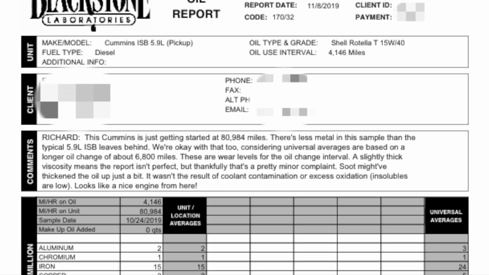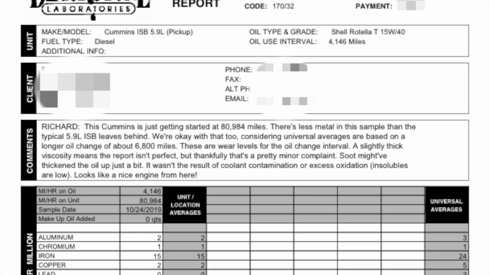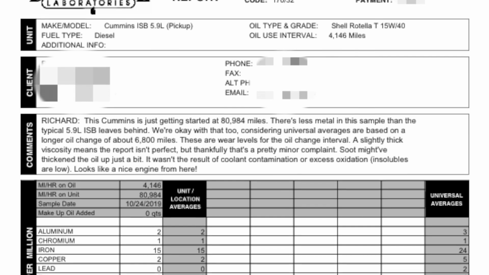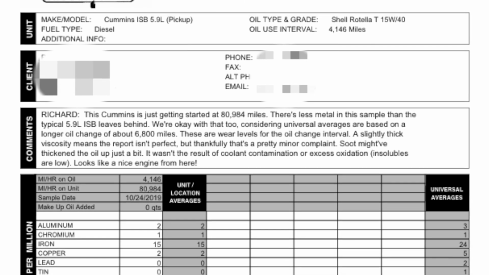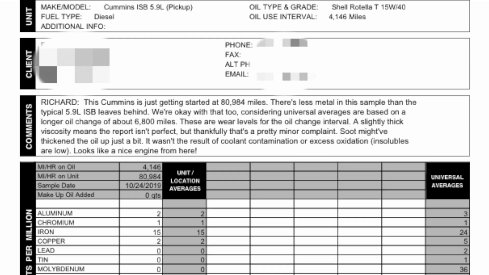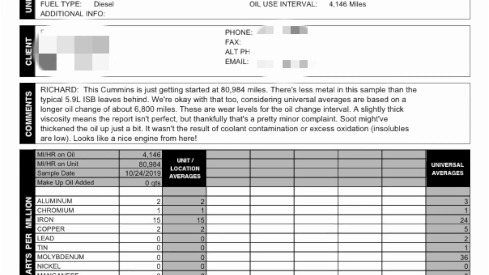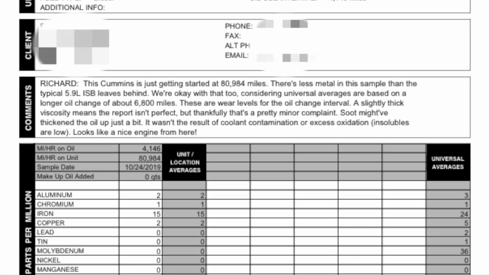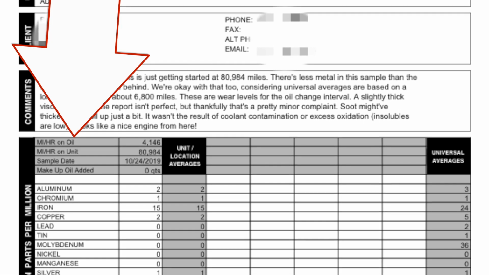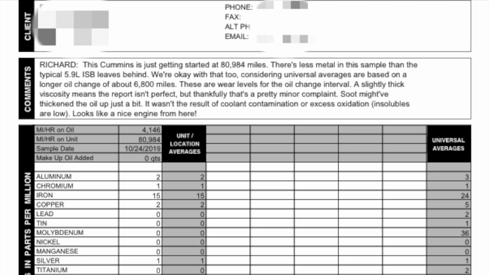And then it goes down to the client information, and then the comments box. It tells you the information they had available for that oil sample, what they found in the oil sample, and what the results are, what they feel is pertinent with that sample. Now, as you go down on the left-hand side, it tells you the types of particulates and contaminants that can be in the oil.